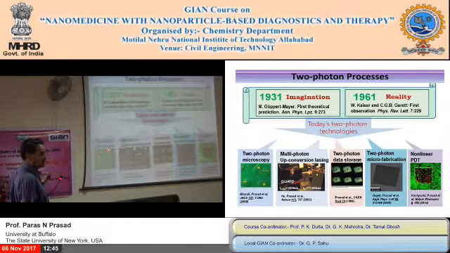We designed and synthesized materials with very high two-photon absorption, upconversion lasing at the upconverted output, two-photon data storage, two-photon microfabrication, and two-photon photodynamic therapy, killing cancer using light. Okay.